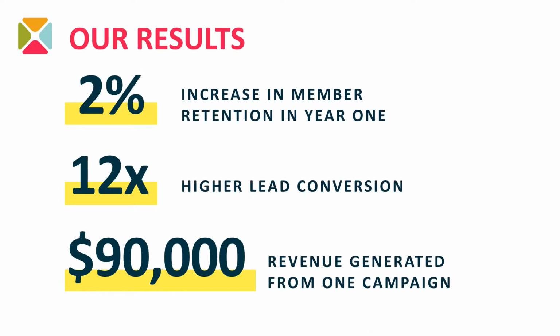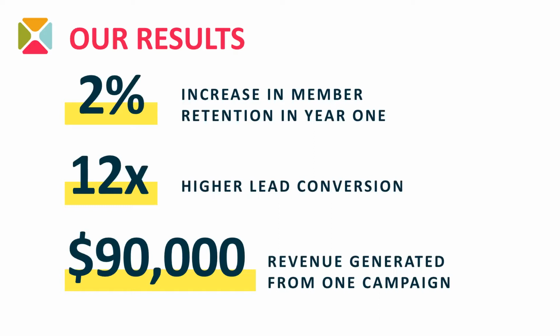They just appreciated being asked. And once they were asked, they said, I do want to rejoin. So $90,000 in membership revenue from a win-back campaign. That was just one campaign launched from the engagement assistant, resulting in $90K in revenue.